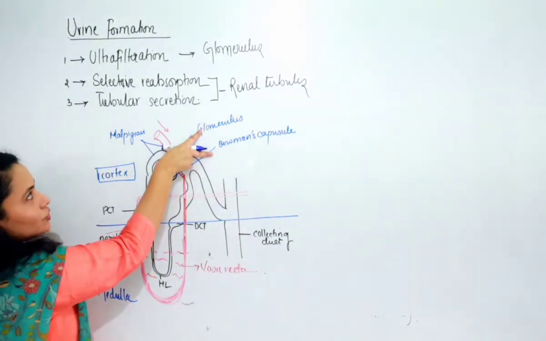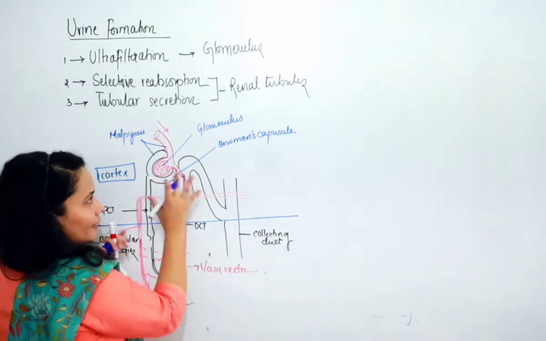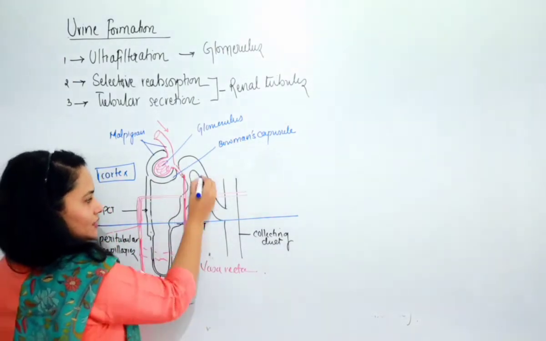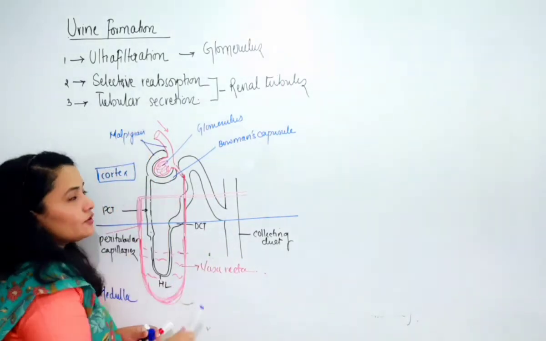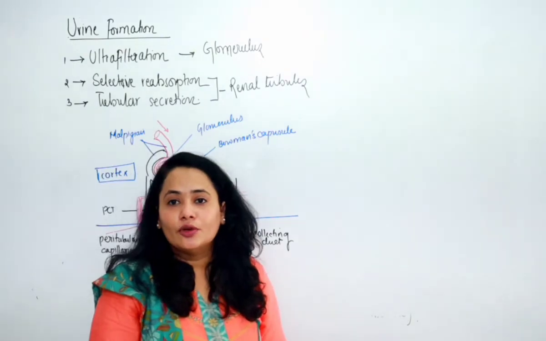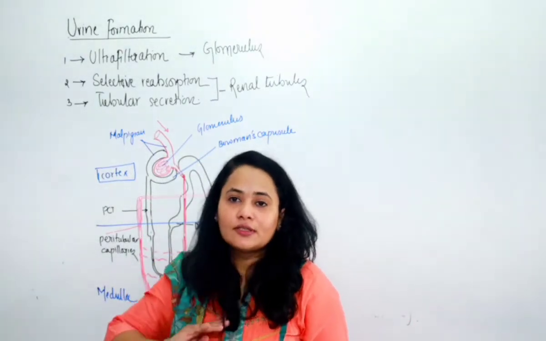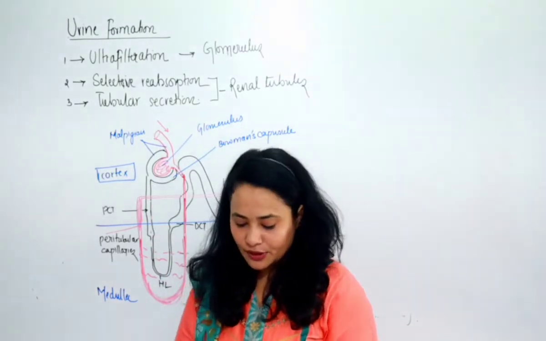These two structures are involved in ultrafiltration, whereas the rest, PCT, Henle's loop, DCT and collecting duct, are involved in selective reabsorption and tubular secretion. So now let us start with the first process, known as ultrafiltration. So let us begin with the topic.